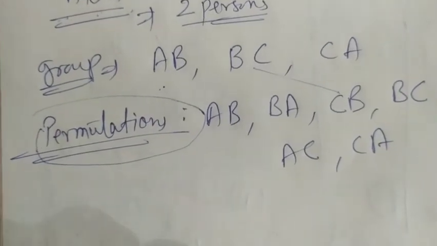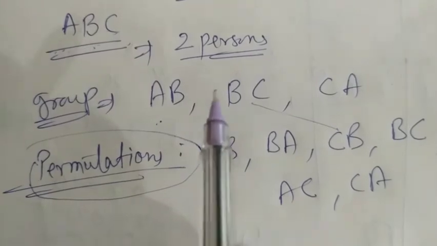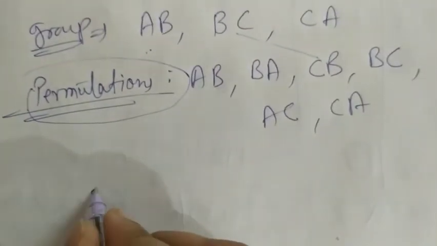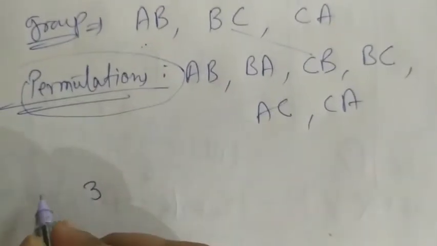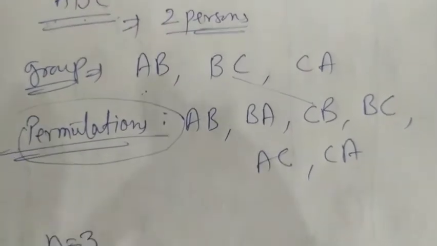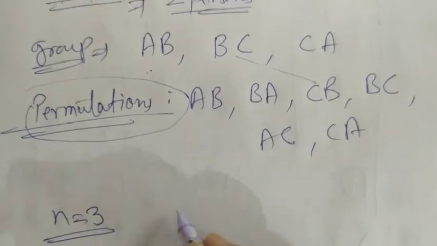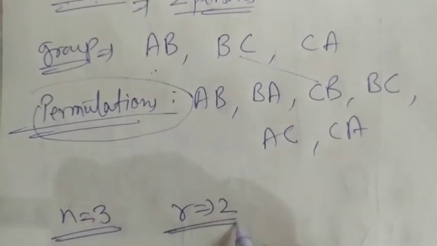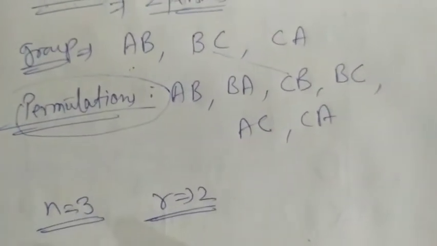So if I am given 3 persons, 3 total objects, and I need to choose 2, it means I am to take 2 of them.